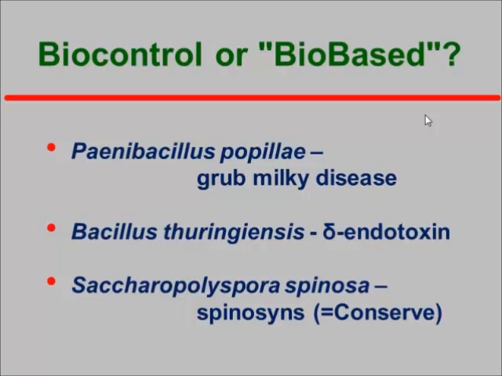A lot of people talk about this Bacillus thuringiensis as being a biological control. The reality is Bacillus thuringiensis is a soil-dwelling microbe. It actually feeds on decaying organic matter. But there are certain strains of Bacillus thuringiensis that have a toxin in them, this delta endotoxin. And so when a caterpillar eats some Bacillus thuringiensis, it actually digests the bacteria. It kills the bacteria.